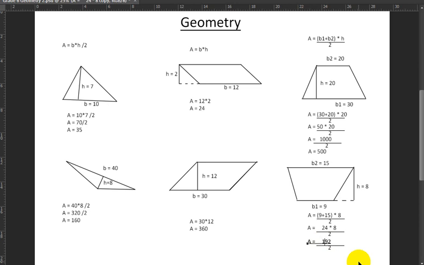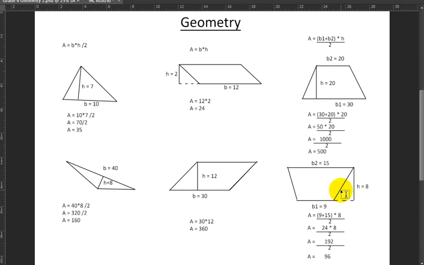So 192. So the result is 192 divided by 2, which makes 96. So the area of this trapezoid is going to be 96.